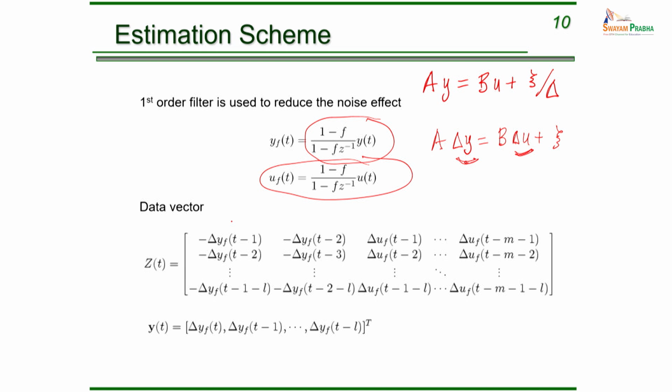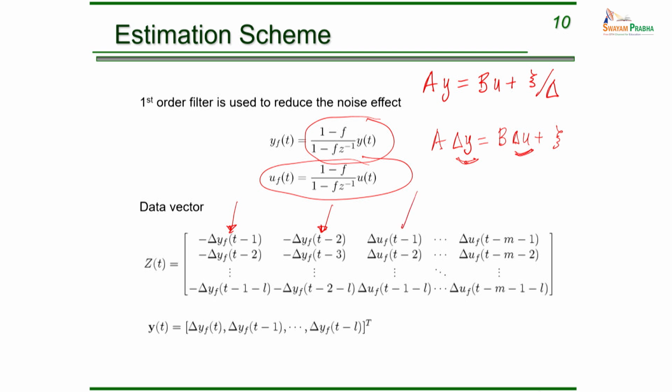The other important thing to remember is that this process, as in the STHI case study, was found to be second order. So we have two columns of the outputs. Column 1 consists of delta yf(t minus 1), and column 2 consists of delta yf(t minus 2).